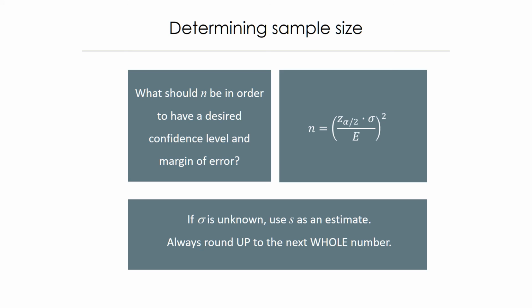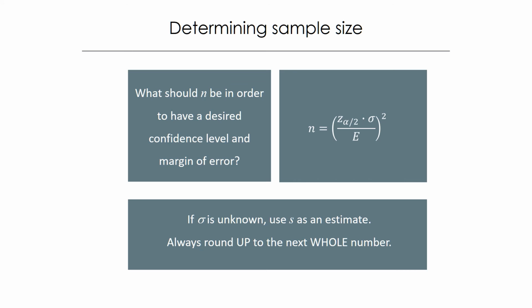So basically we take the margin of error formula and solve it for n algebraically, and you get that n is equal to z alpha over 2, the critical value, times sigma, divided by the margin of error E, the whole thing squared, raised to the second power.